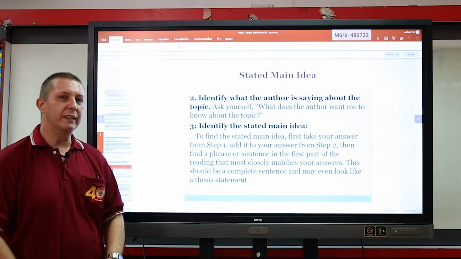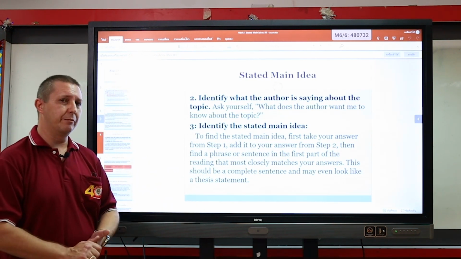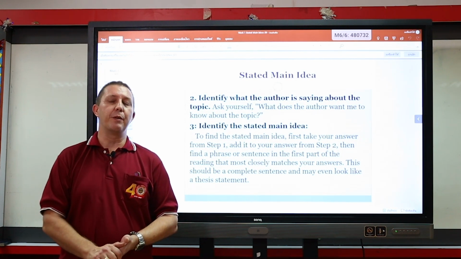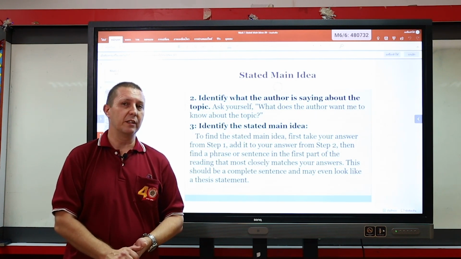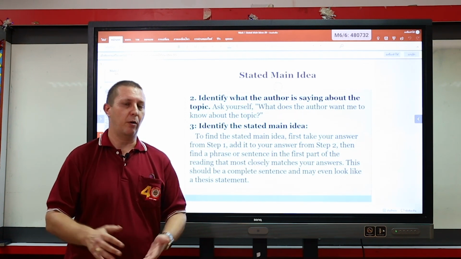So it's a complete sentence. Could look similar to a thesis statement of an essay, but it's what we call the topic sentence of the paragraph. So it's the most important sentence. It tells us what the paragraph is going to be about.